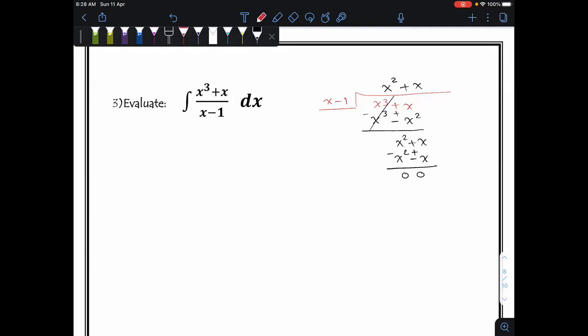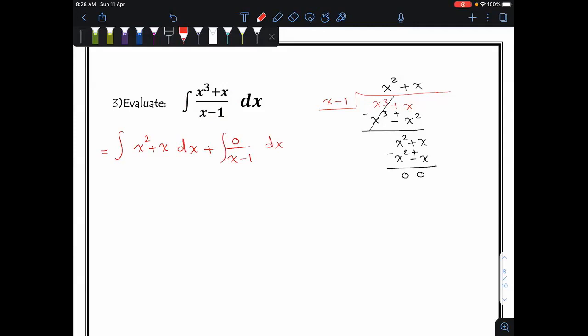So we can write now our answer as here. Listen carefully, guys. The quotient, x squared plus x dx, plus the remainder. No remainder here, 0 over the divisor x minus 1 dx.